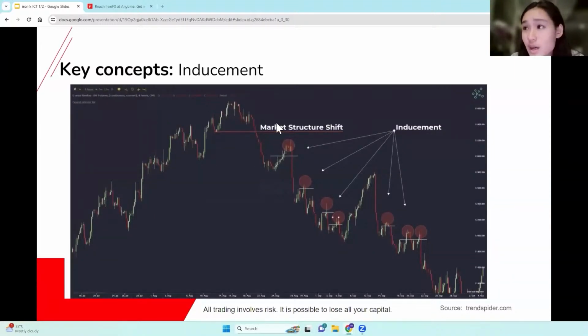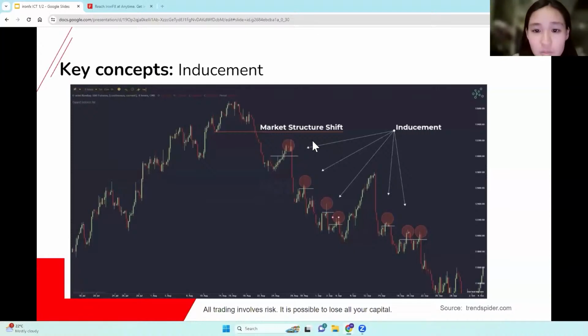In this example where we have identified the market structure shift, it's basically when price has broken below this swing low. Okay, so that's a market structure shift. The inducement is when price has bounced off, which is over here, and is reversing off of a new resistance level.